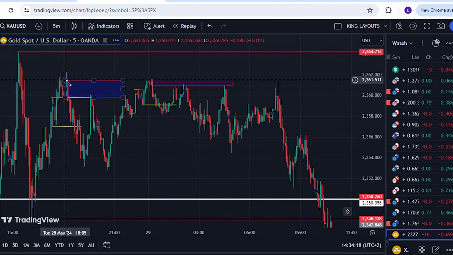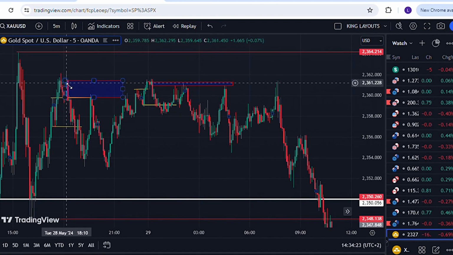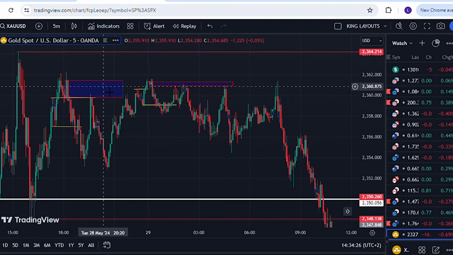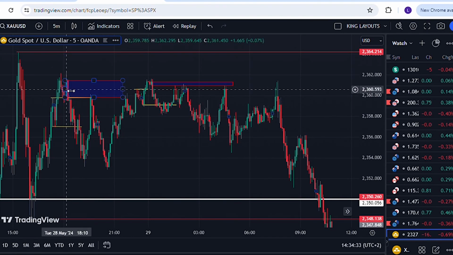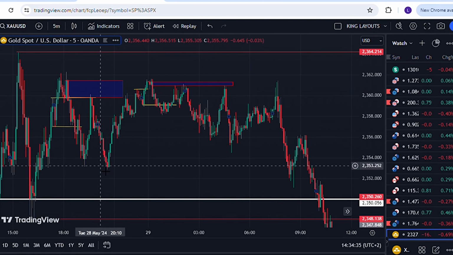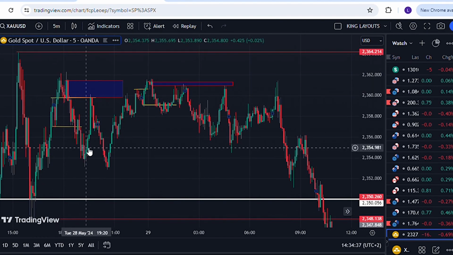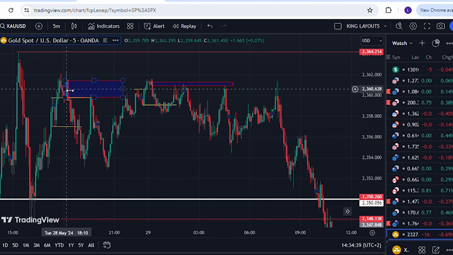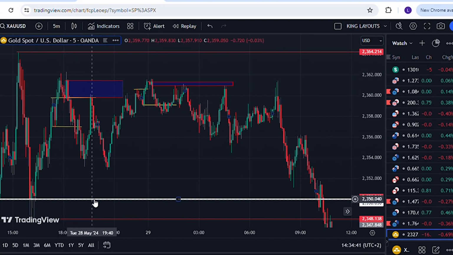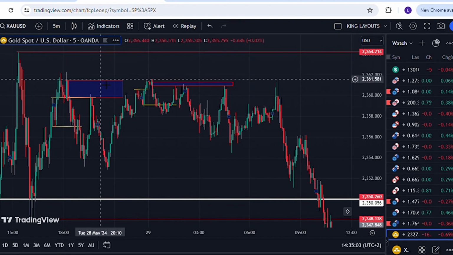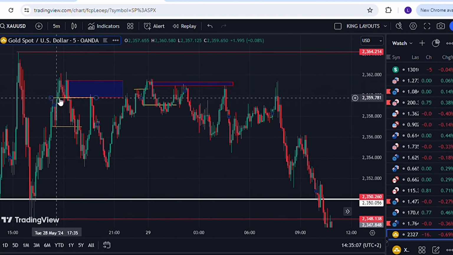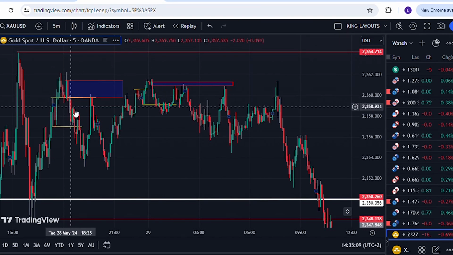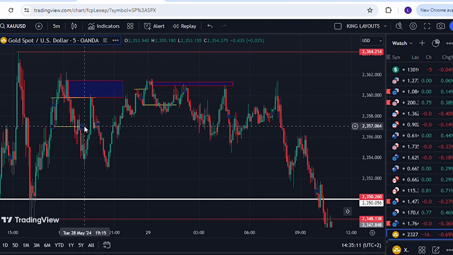So you take the body, do not take the wicks, just take the body, and then you have your order block, right? So the last green candle before the shoot down, so the last bullish candle before the bearish movement. So that's that. So you have your order block here, and then you have your break of structure, and then you get your change of structure.